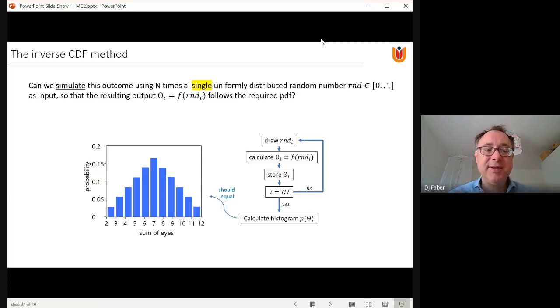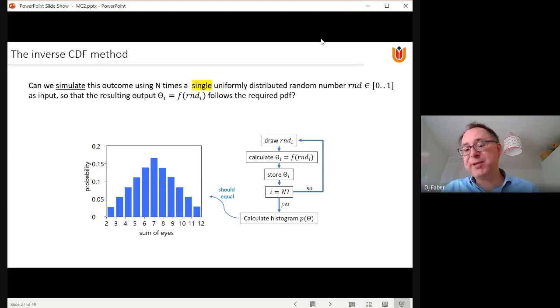So the question is now, can we simulate this outcome? I want to simulate the sum of the eyes of two dice by drawing only a single uniform random number that is between 0 and 1. So I want the computer to generate a number between 0 and 1, and that is going to tell me, okay, this corresponds to this sum of eyes of the dice. Let's say I want to simulate Monopoly, then I would need this function.